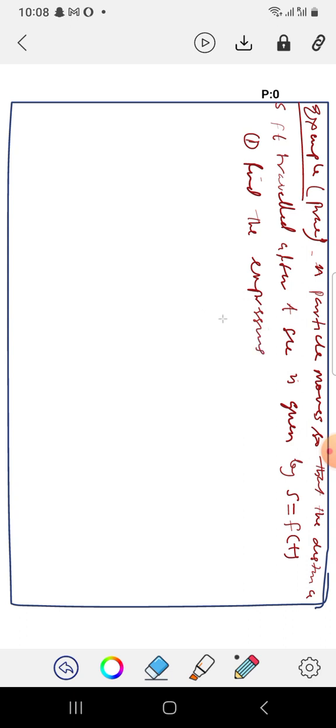Find the expressions for the velocity and acceleration.